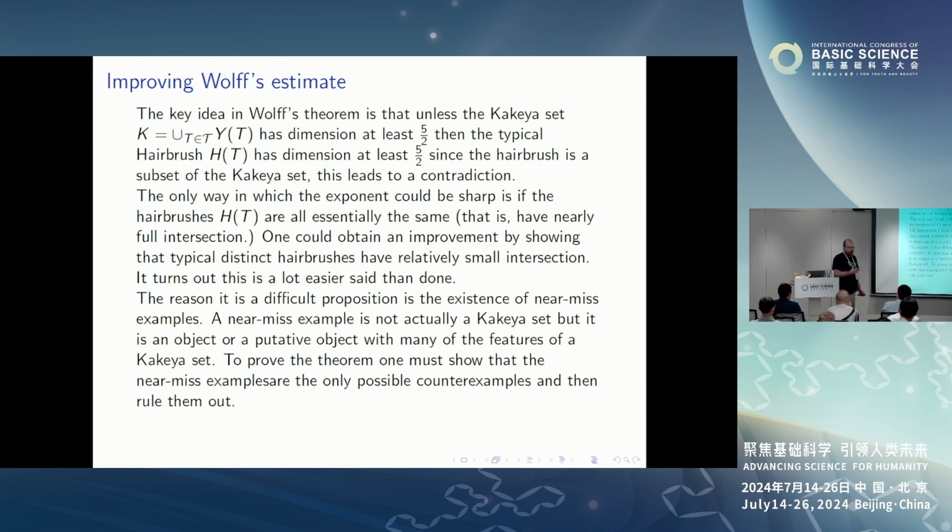And the way to prove a theorem is that you show that the near miss can't actually exist as a Kakeya set. And the reason that the Hausdorff dimension problem is harder than the upper Minkowski dimension problem is that there's an extra near-miss example which we found.